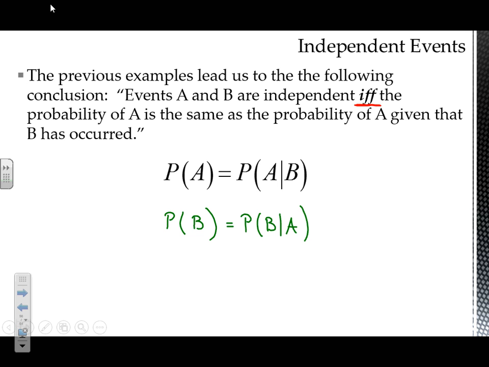So in some cases, you might get just a slight bit of difference between the two values, which means you could still conclude that they might be independent. But for the most part, what you need to be able to show is that they are identical. If there's any sort of difference, you would say that they're dependent based on this rule. Okay?